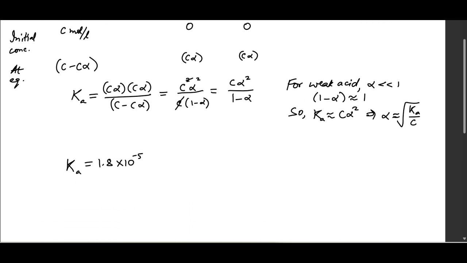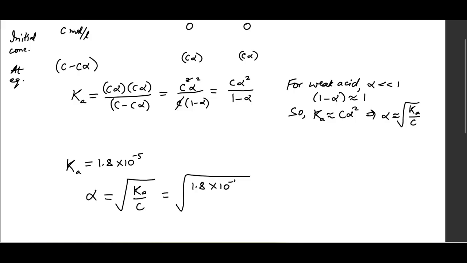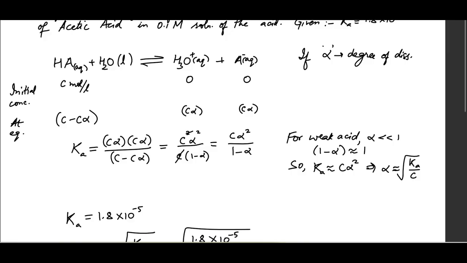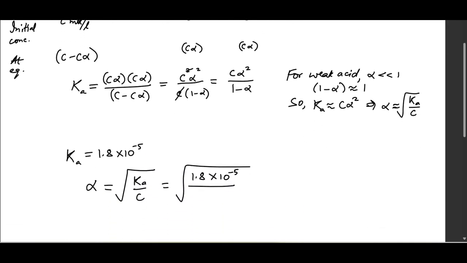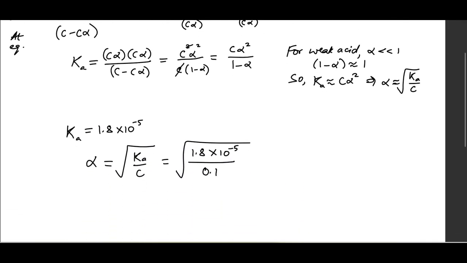Now the degree of dissociation alpha is approximately the square root of Ka by C. In the question we are given the Ka value 1.8 into 10 raised to minus 5, and the concentration is given as 0.1 molar solution of the acid, 0.1 moles per liter. So 0.1, as we already discussed, is 10 raised to minus 1. So I write it as 1.8 into 10 raised to minus 5 divided by 10 raised to minus 1.